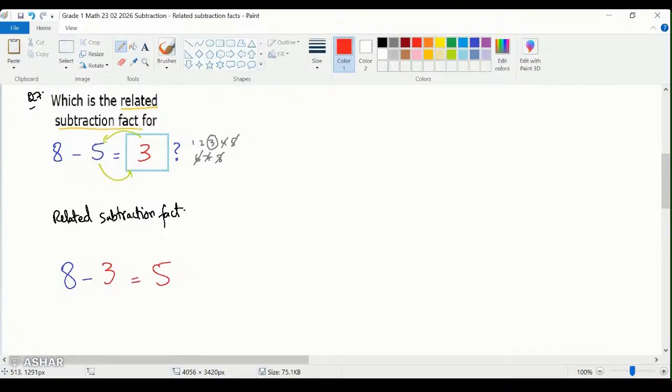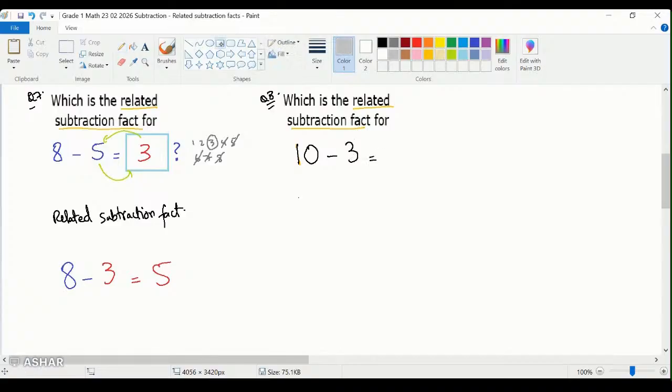Let's try another question. Let's take a bigger number. If I say we need to find the related subtraction fact, if it says 10 minus 3 is equal to a value. We need to find this value, then we need to give the related subtraction fact.